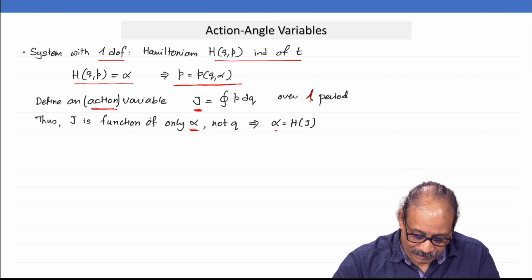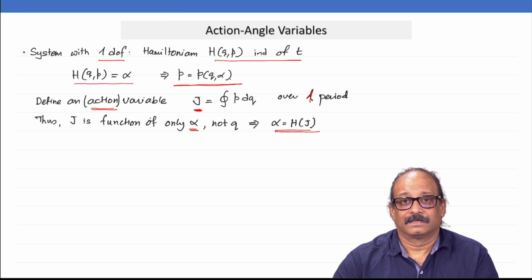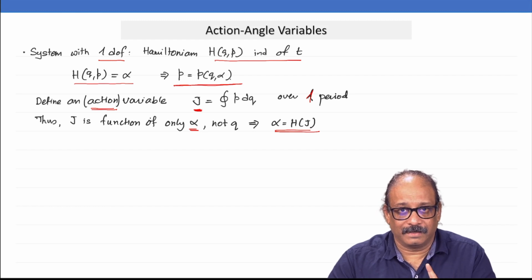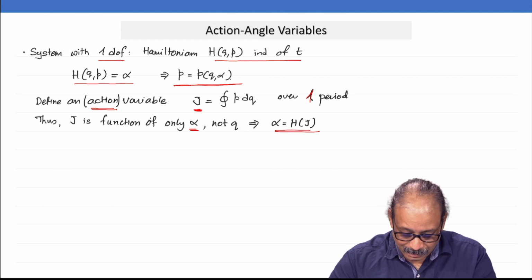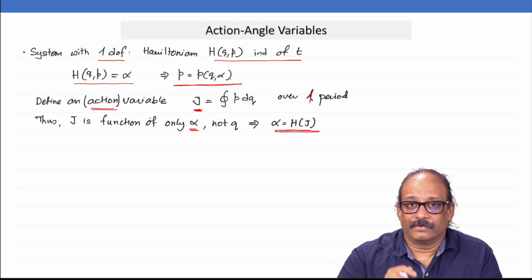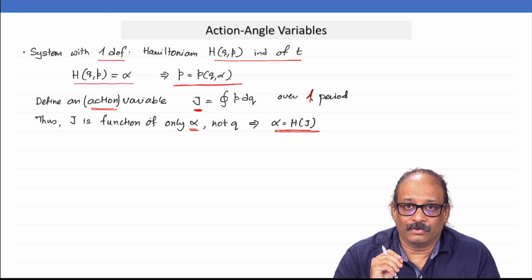That would simply be the Hamiltonian written in terms of J. So, what we have managed to do is find one variable in such a way that the new Hamiltonian now is a function of J only.